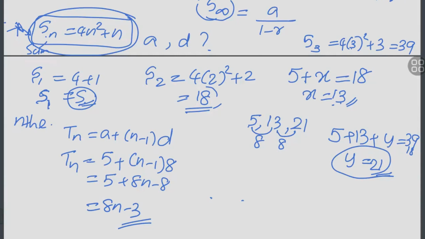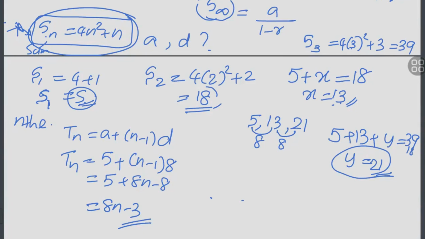Algebraic form, they can give you. Sometimes differentiation form, integration form also they can give you in a series question because it's gradually increasing. Any pattern you should expect, all the time.